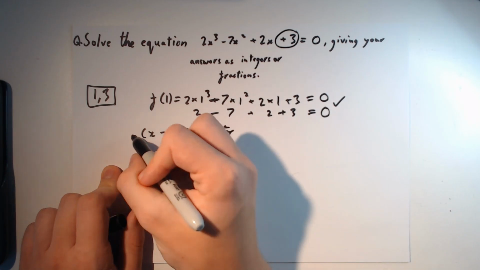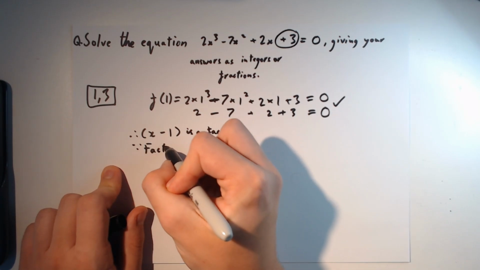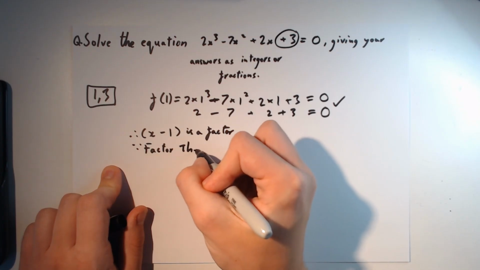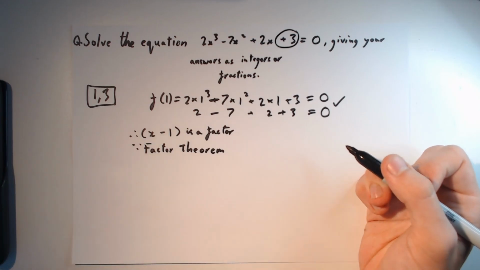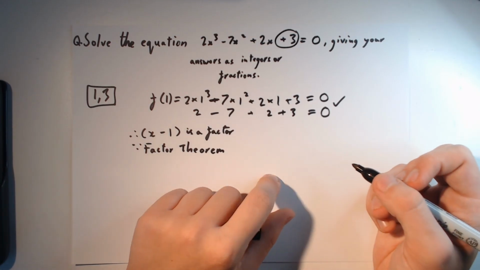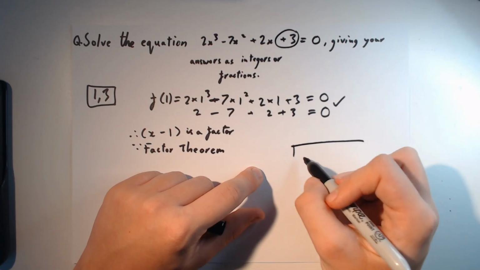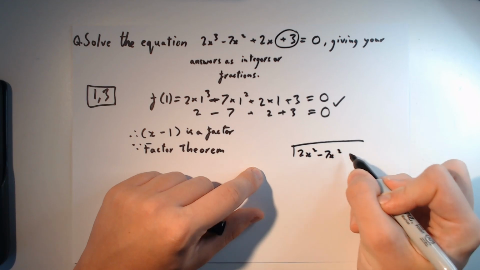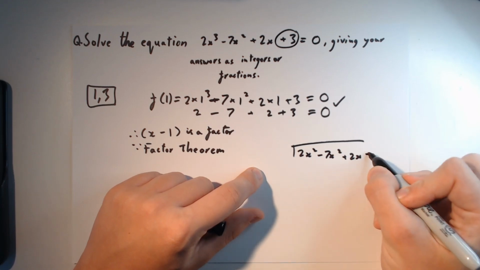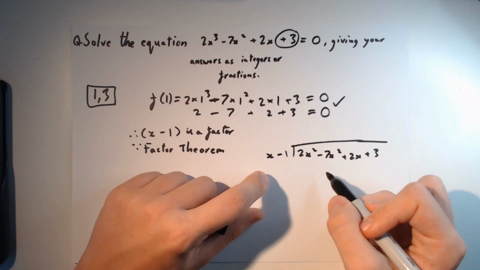How do we know this? Because of factor theorem. Now we must divide. So we say it out. Here's our original equation. Here's the factor we found.